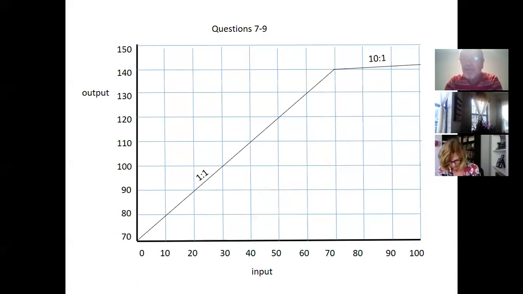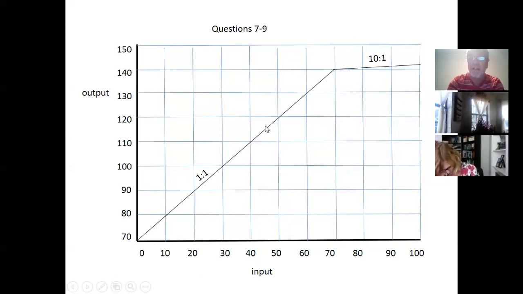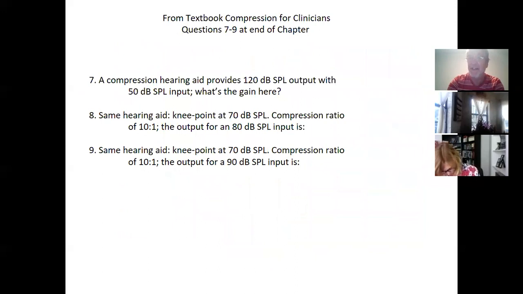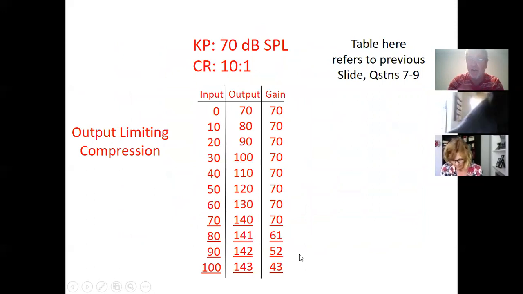All right. Now, the big story here. Let's see if we can handle question 10. So here's your summary table of this particular slide and these questions. Knee point 70, compression ratio 10:1, and here's what you two gave as your answers here, the decrease in gain, all that's done.